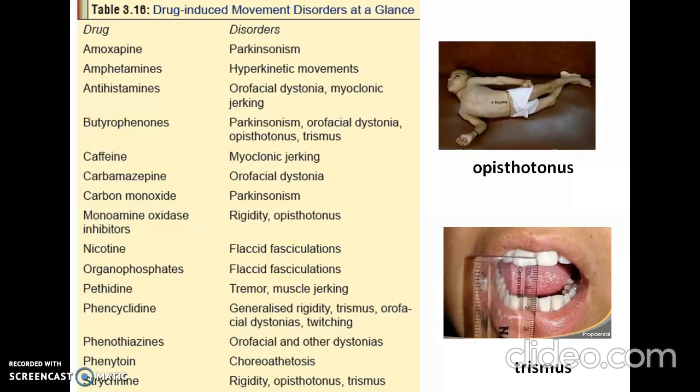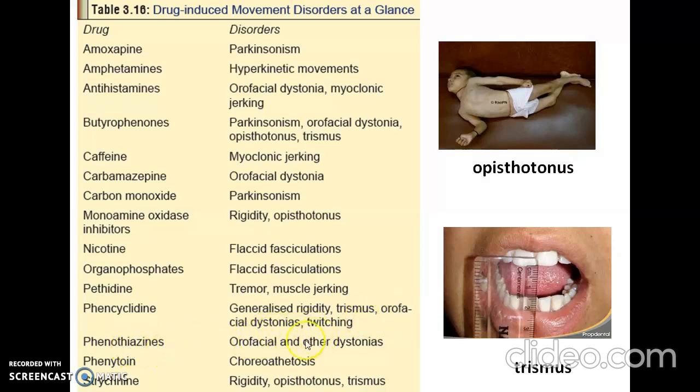This is nothing but brief spontaneous contraction which can affect the small muscle fibers also. Organophosphate can cause fasciculations. Pethidine causes tremor and muscle jerking. Phencyclidine can cause generalized rigidity. Then tremors, orofacial dystonias and twitching can be observed.